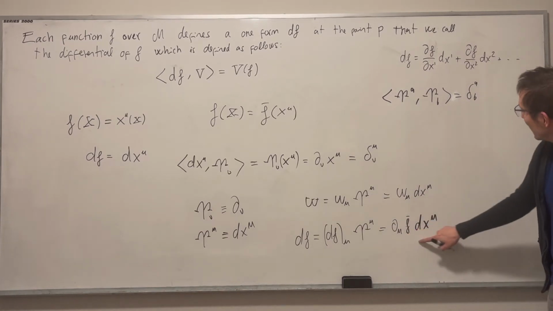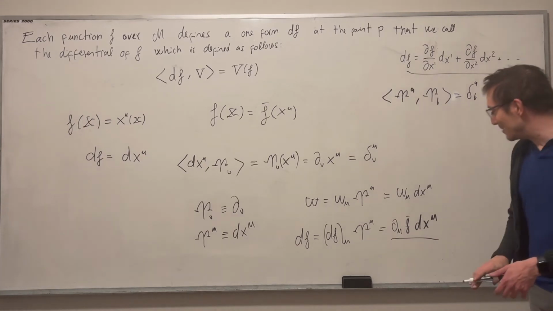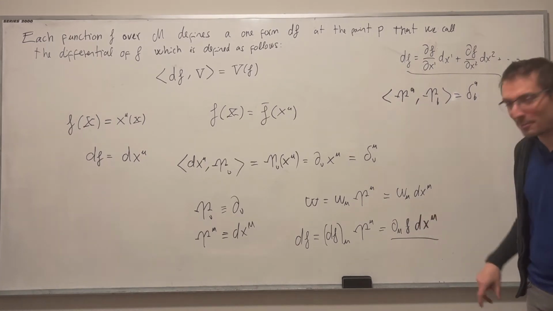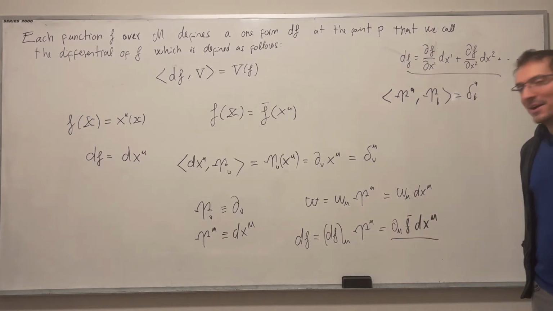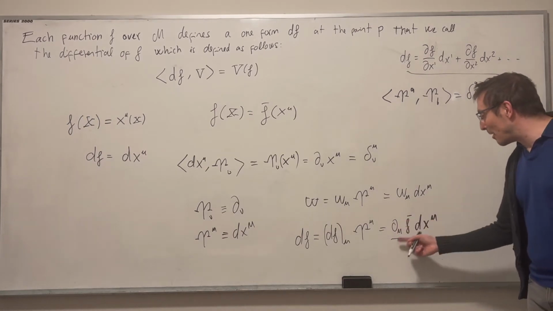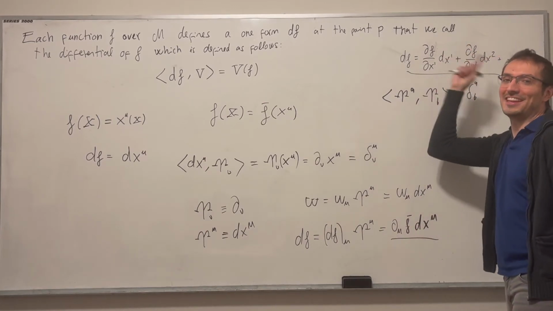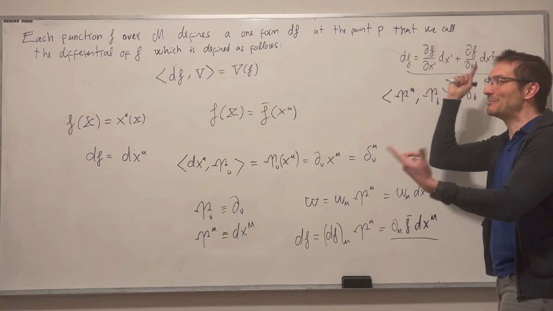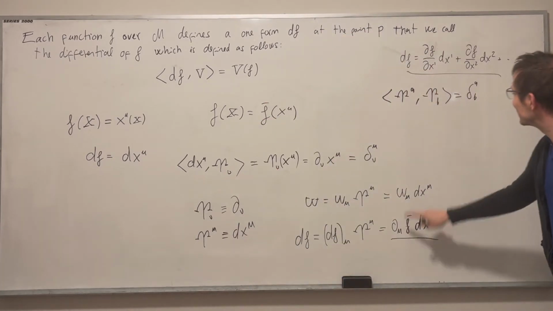So indeed, this thing is literally this one. You see? Oftentimes in texts, you would find this without the bar. We just keep it because we are nice like that. But again, this is the partial derivative of the function f bar, which is the one that takes the coordinates of the point in the manifold from R^n to the reals. So this is literally this.